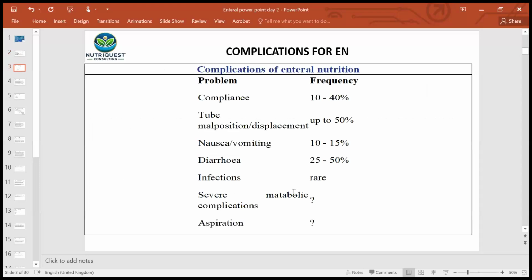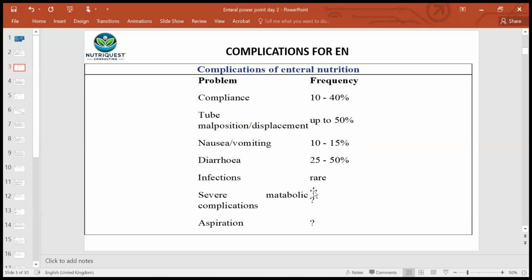So, statistically, or in terms of frequency, complications for enteral nutrition range differently, as I've stated. There's one from the problem of compliance. Compliance basically means complying with the recommended guidelines, and it has been reported at around 10 to 40% of cases, which is on the higher side.